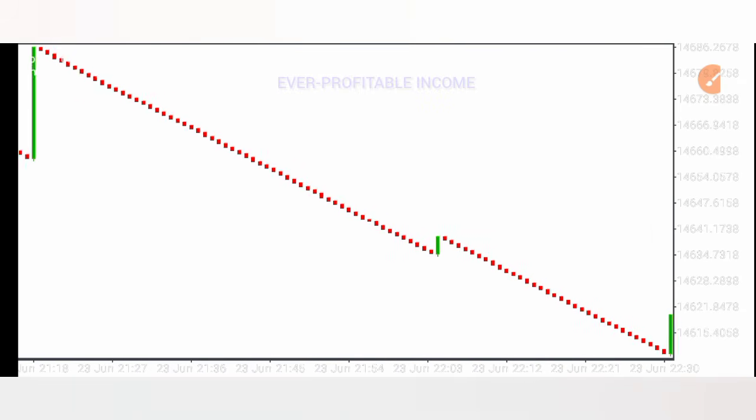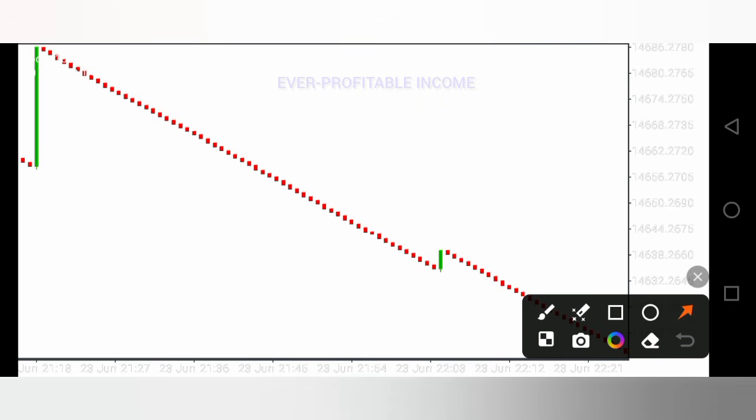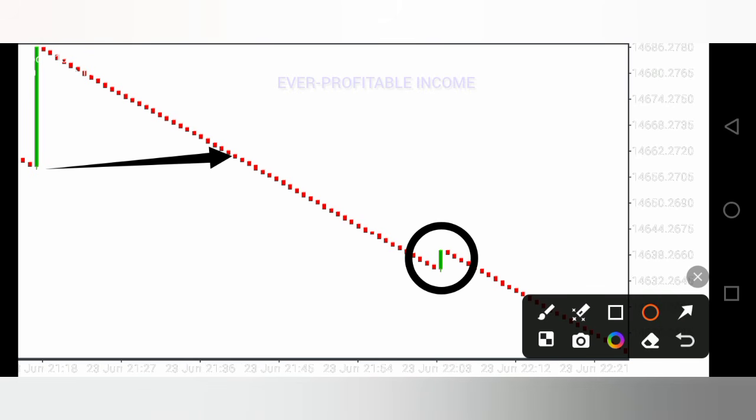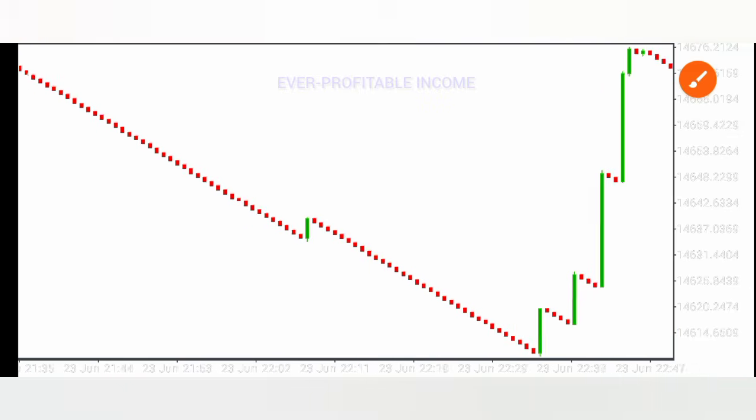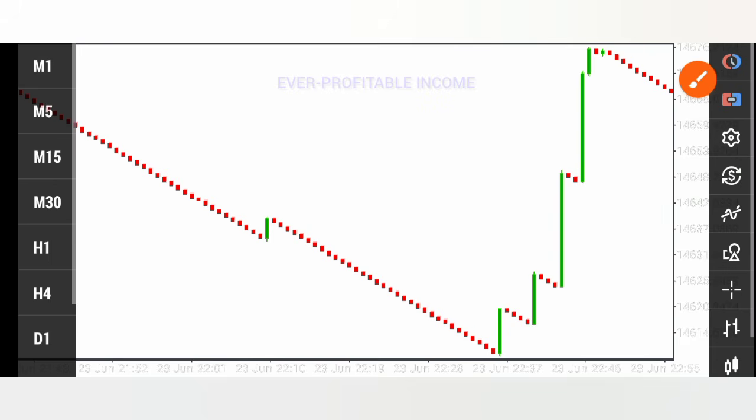There was a break of structure to the downside right here, and what happened next was a little tiny spike that is as long as 2 to 3 body candlesticks. Then what you have to do is hop into the trade after the first red candle right here, and you are going to take 5 candlesticks without a spike. So this is how to use the strategy.